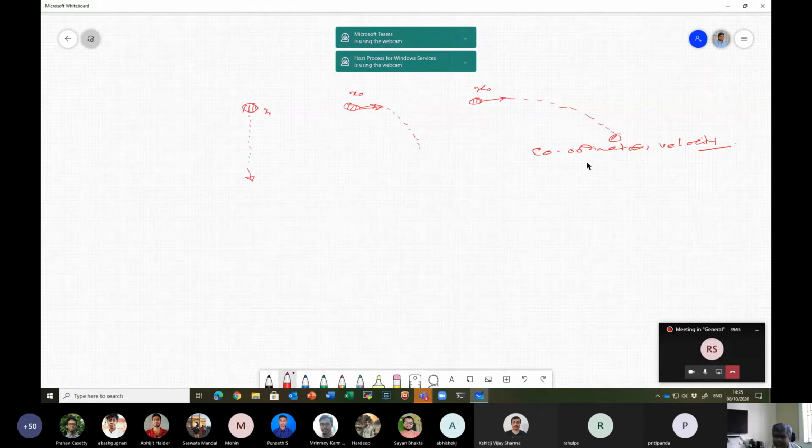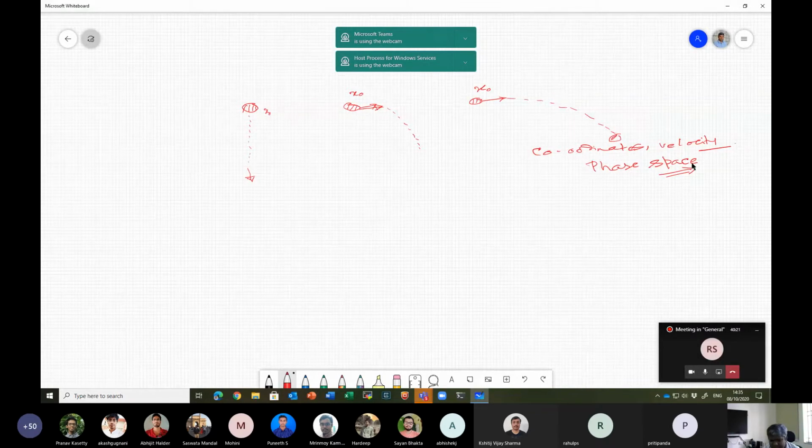Now, the space that describes the system, which needs the coordinates and the velocity, we call a phase space. Okay, so this is a very well known word.